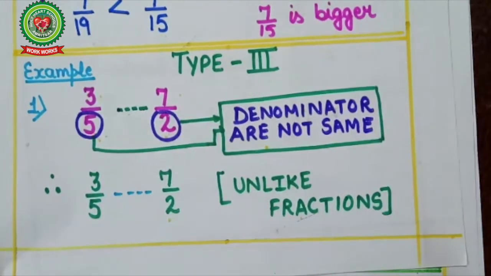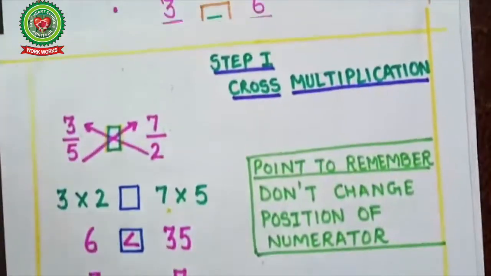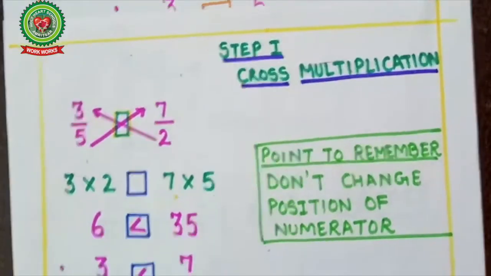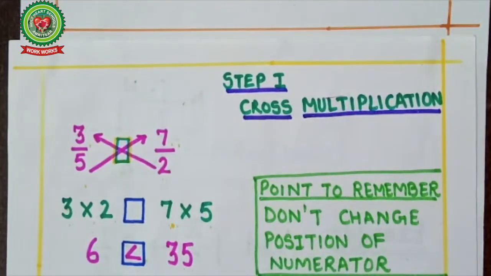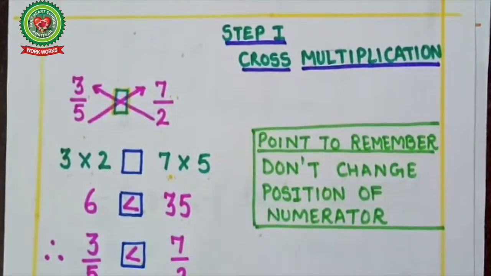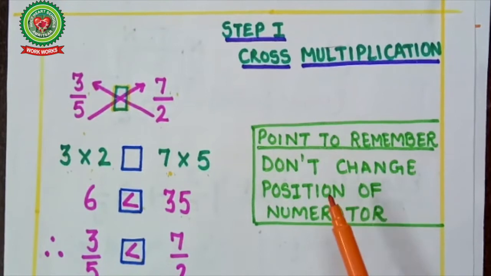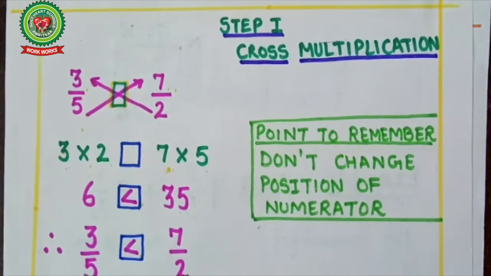In unlike fractions, our first step is cross multiplication. So, here step 1 is cross multiplication. But here you have to remember one point, that you are not going to change the position of numerators.